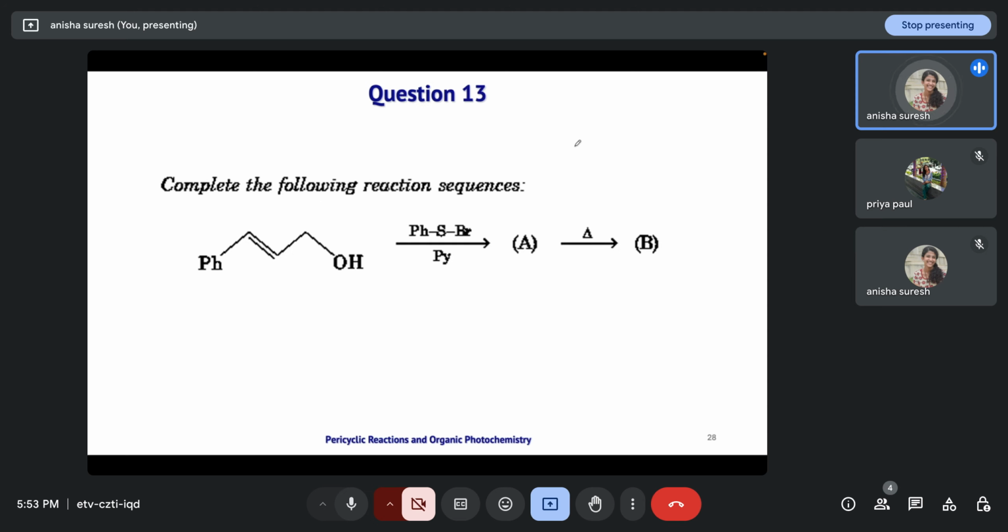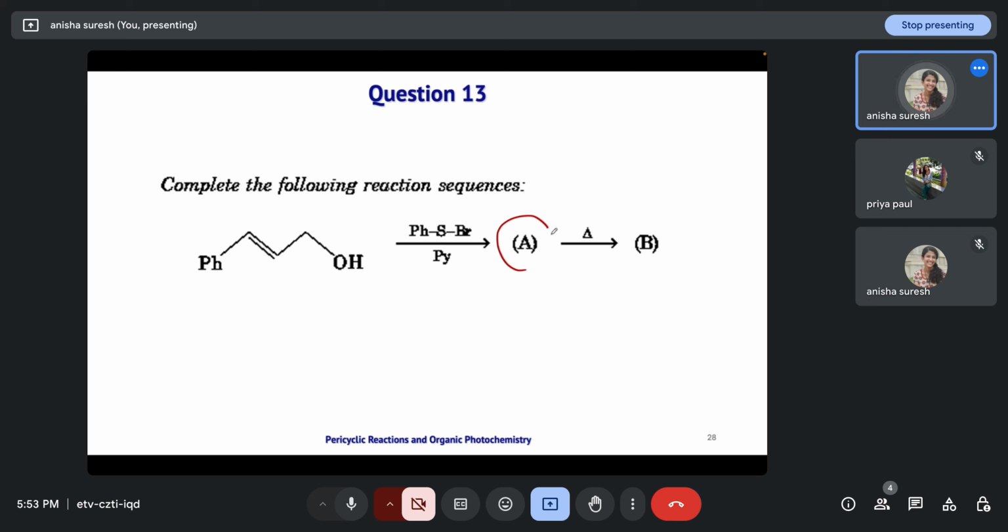Now coming to the next question. Complete the following reaction sequence. So this alcohol we are having is treated with PhSBr, the bromide of thiophenol, in presence of pyridine.